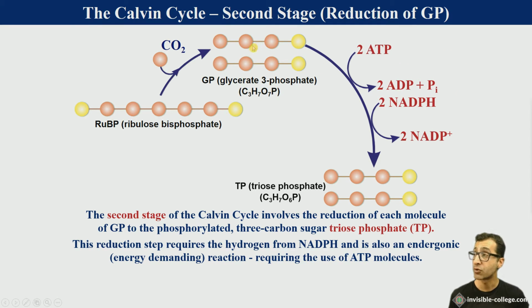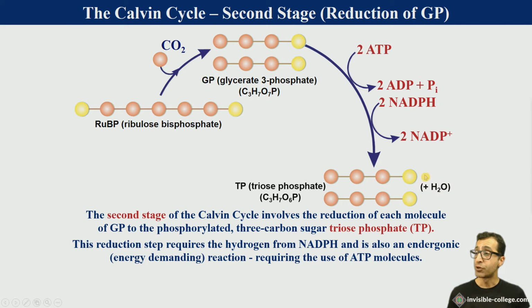So in order to reduce 2 of these glycerate 3-phosphate molecules to form 2 triose phosphate molecules, we need the hydrolysis of 2 ATP molecules and the resulting release of energy to power this process, but we also need the reducing power of 2 NADPH molecules, which are oxidized to form 2 NADP plus molecules.